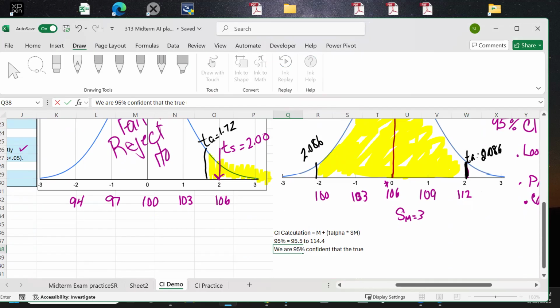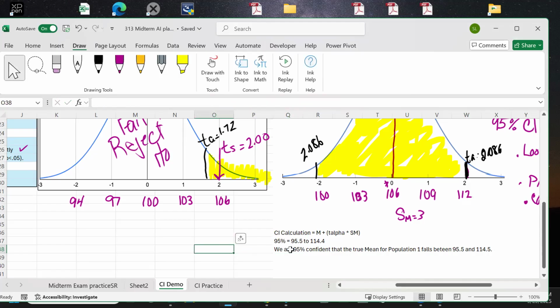True mean for population 1, our treatment population, falls between 95.5 and 114.5. So we can use that word confident because it just states how confident we are. It's like an emotional state.